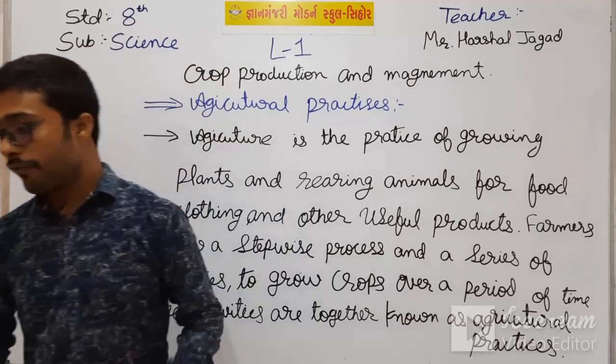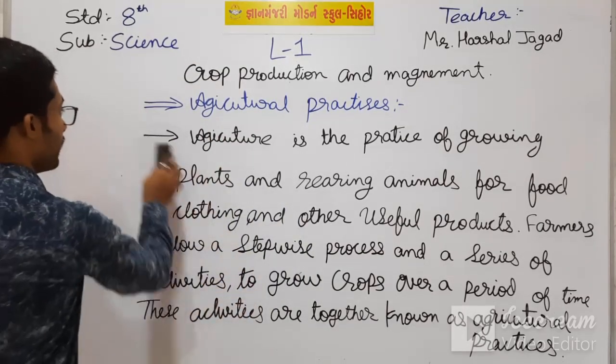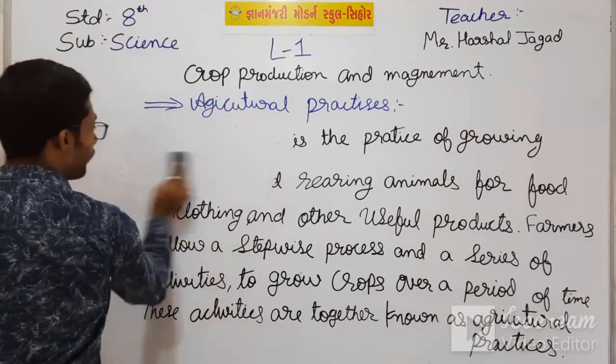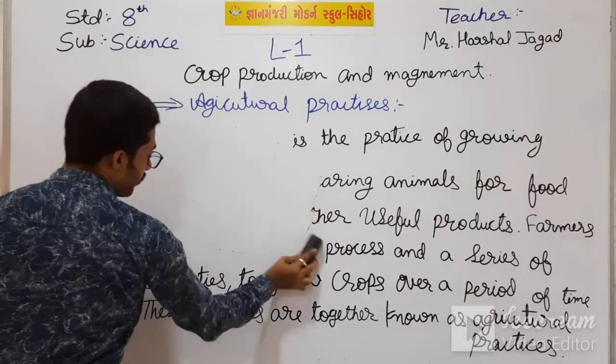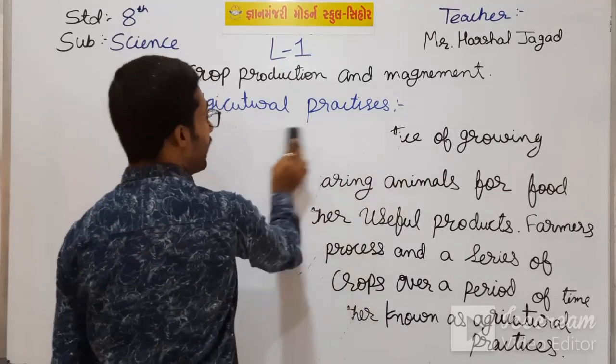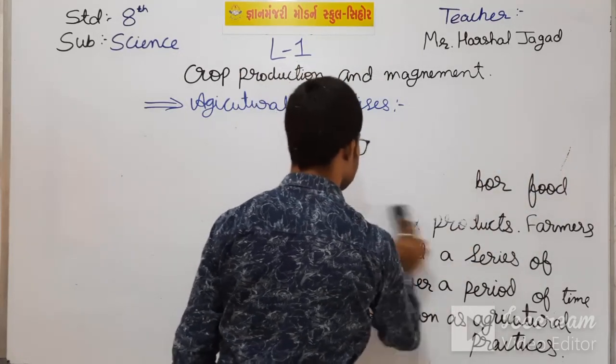First of all, it is given as soil preparation. In agricultural practices, it is defined step by step, so we will take it. In the agricultural practices, the first step is soil preparation.